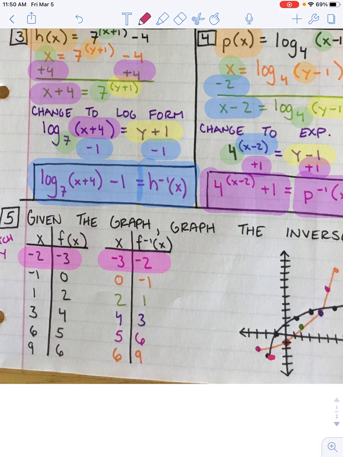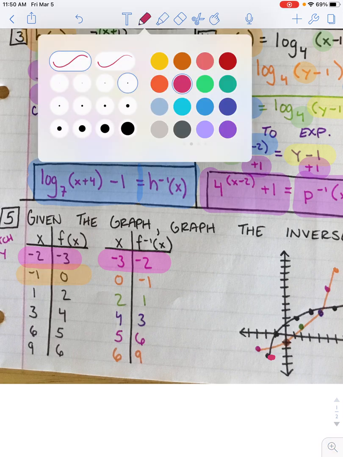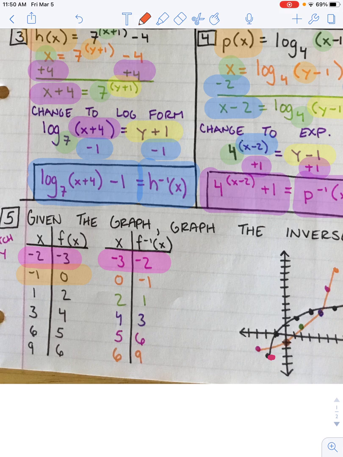Our next point, we have -1 and 0. So -1 and 0 is right here. In order to get to the inverse, we just switch those, 0, -1. 0, -1 is here.